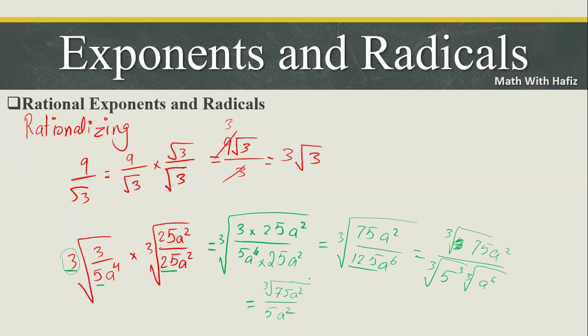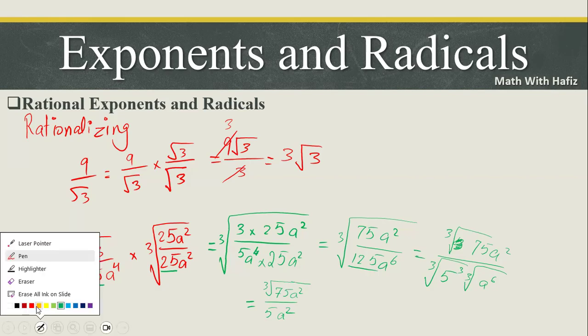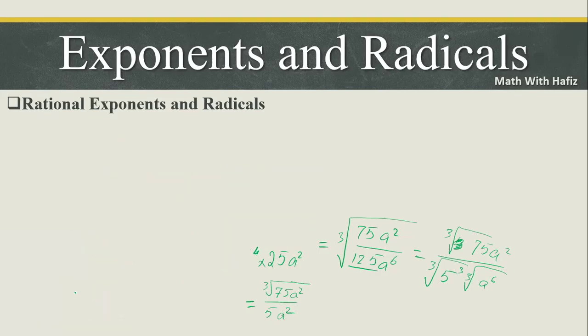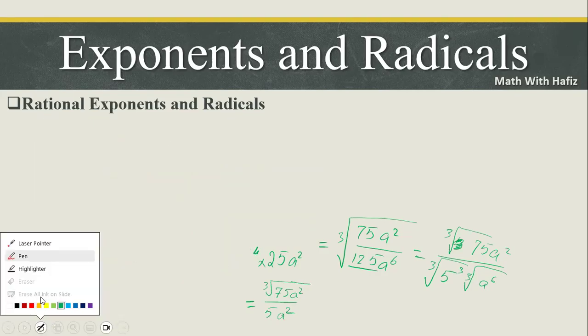So this is the most simplified answer we can get from this expression. These questions are a bit long like the previous slide, but if you follow the same method, the method and the questions are very easy.